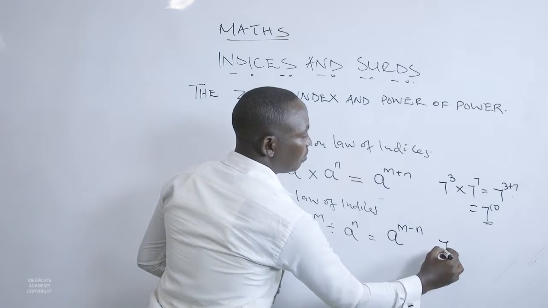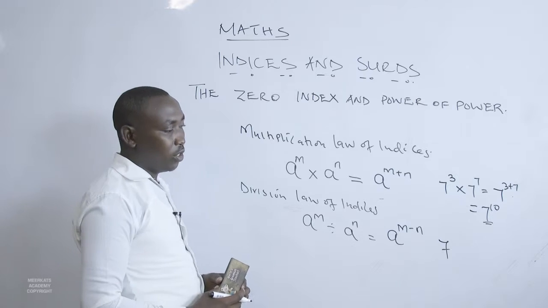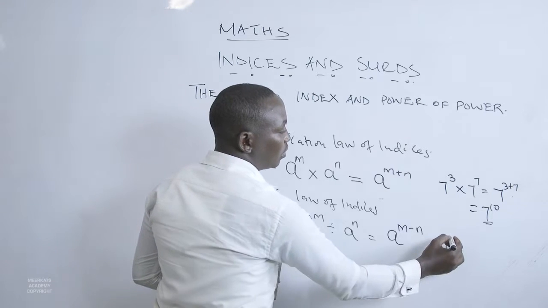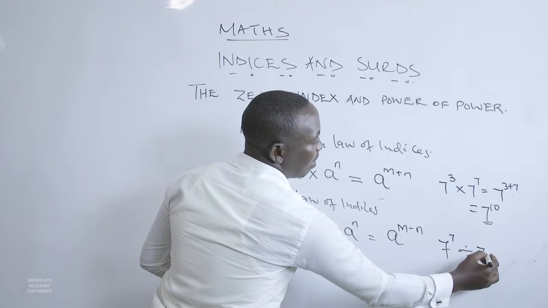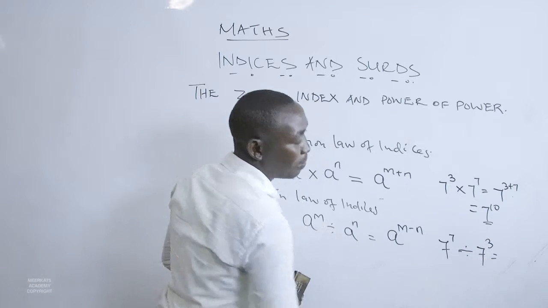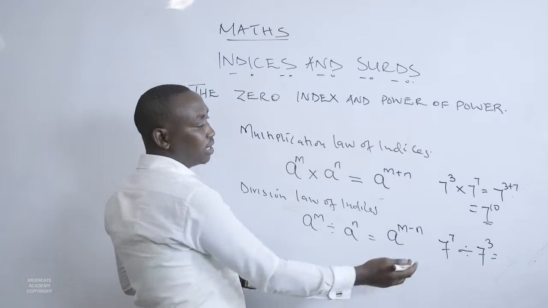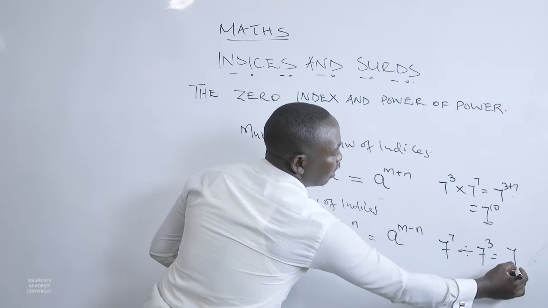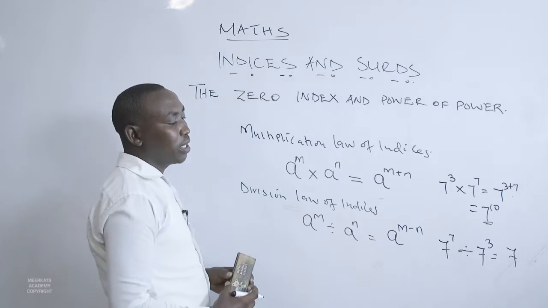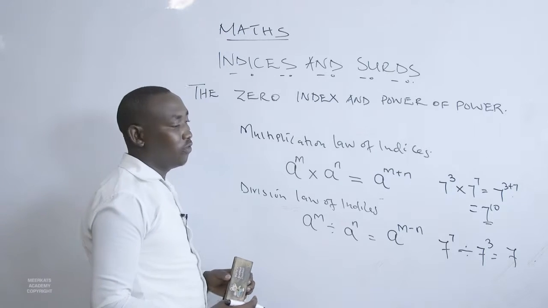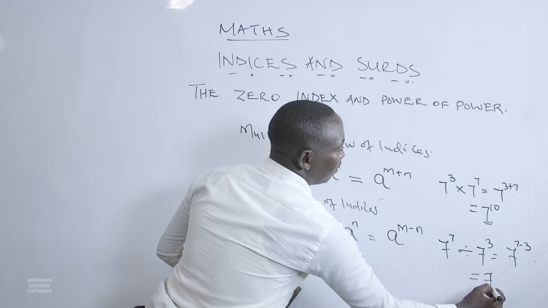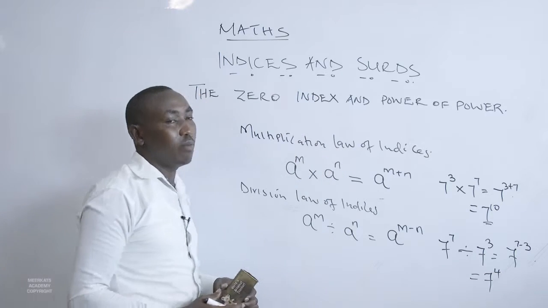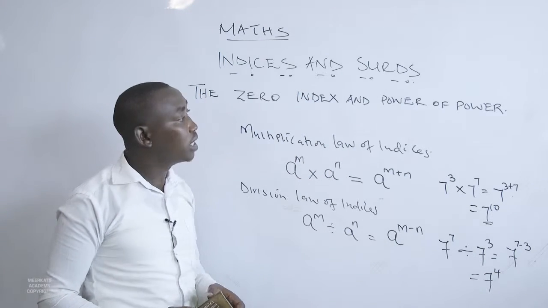Then if it was division where we have 7 raised to the power of 7 divided by 7 raised to the power of 3, then given that these bases are the same, we are going to subtract or get the difference of the powers, that is 7 minus 3, which will give us 7 raised to the power of 4.